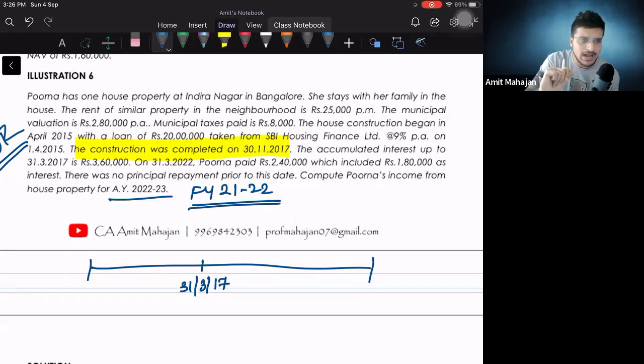Okay, I had taken a loan from 1/4/2015. So can I say from 1/4/2015 till 31/3/2017, whatever interest I must have paid, it will be considered as pre-construction interest? Can somebody help me with the amount of interest? Can I say it will be for 2 years, 15-16 and 16-17?